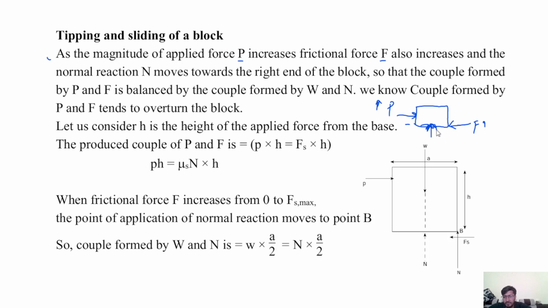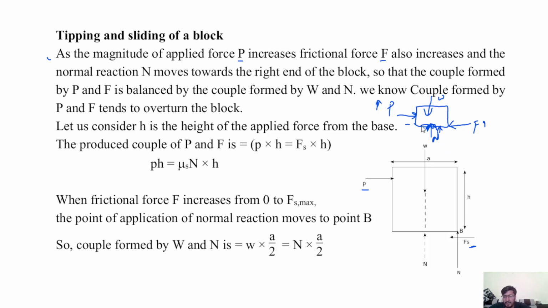The normal reaction shifts according to the applied force. The normal reaction moves towards the right end of the block, so that the couple formed by P and F is balanced by the couple formed by weight and normal reaction. The weight W is acting in downward direction, and the normal reaction N acts in upward direction.